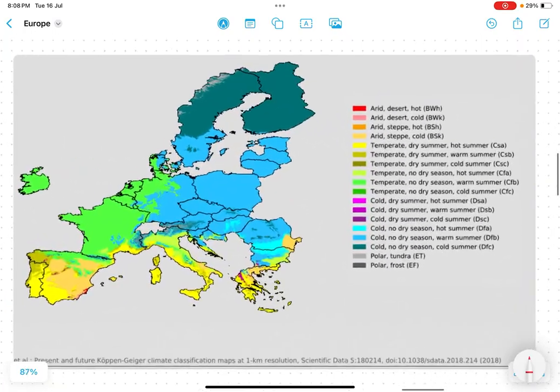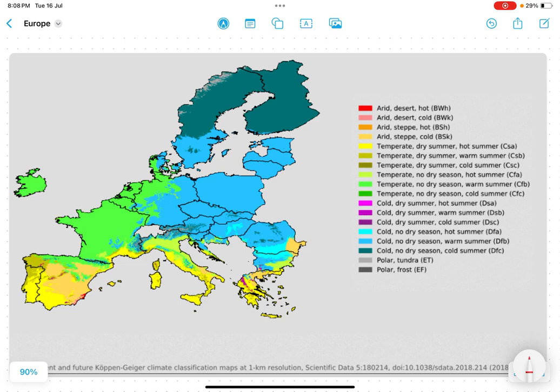Let's go to the Köppen climate classification. As you can see, the three shades of blue dominate the European region. This region is cold, no dry season, hot summer; cold, no dry season, warm summer; cold, no dry season, cold summer, right?